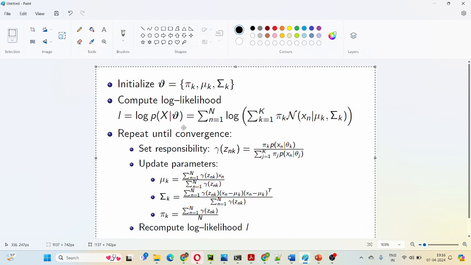When you're trying to calculate the posterior, the integration involves the mu k and this covariance matrix sigma k.